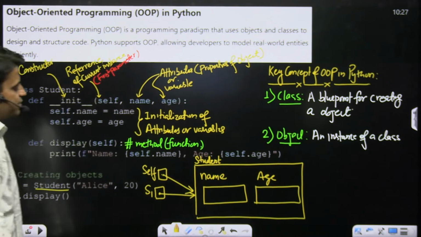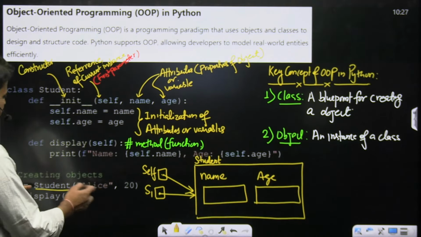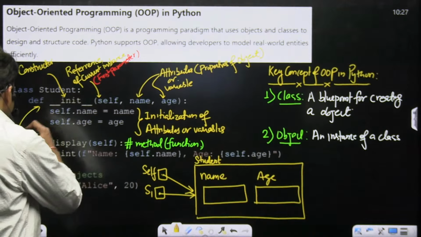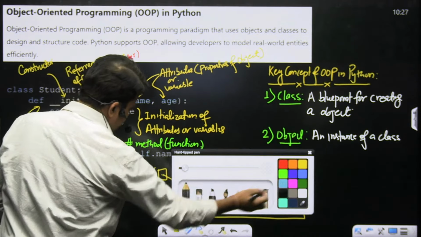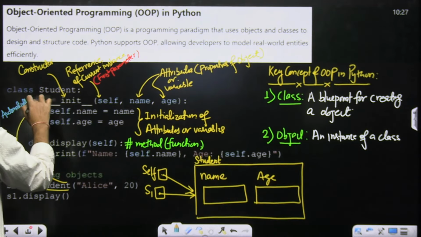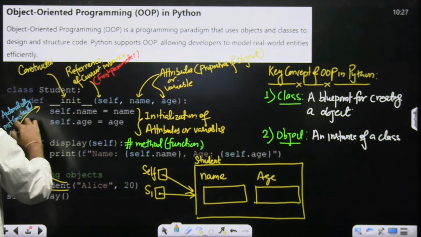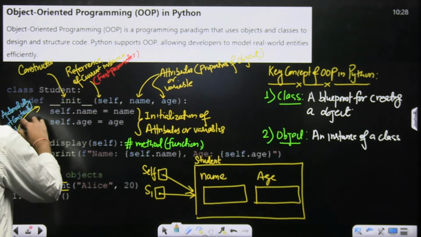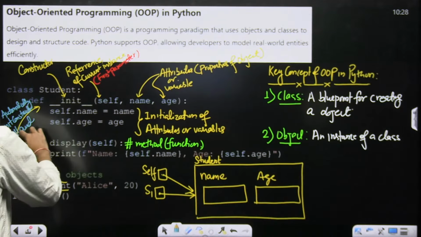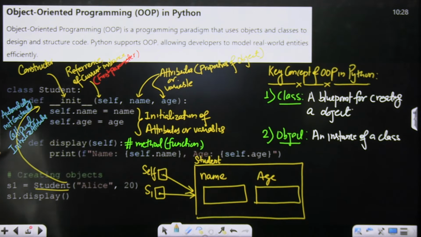When you write this line, the init constructor is automatically called and initializes the attributes.